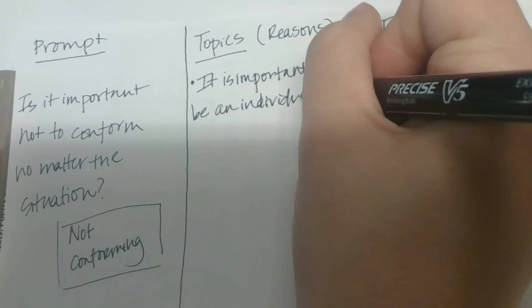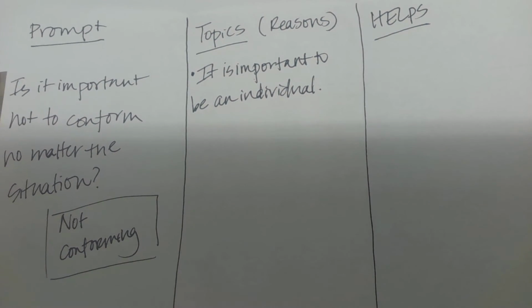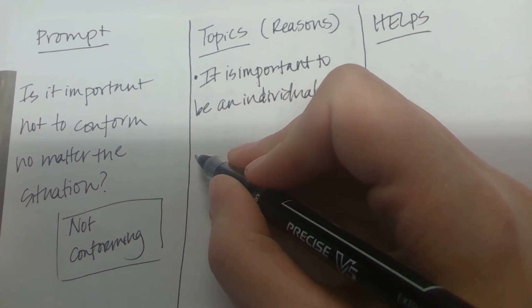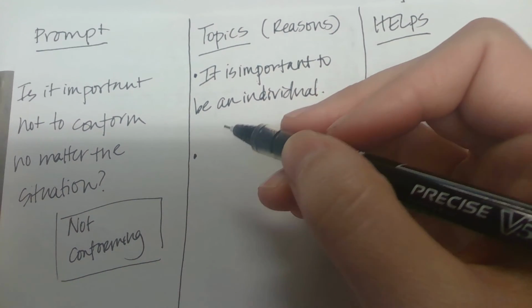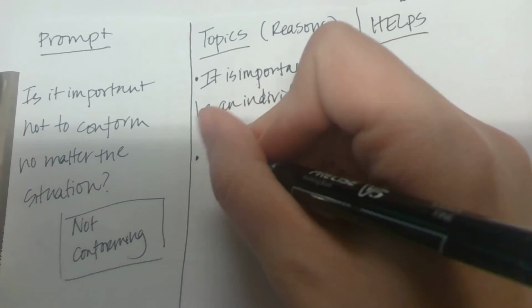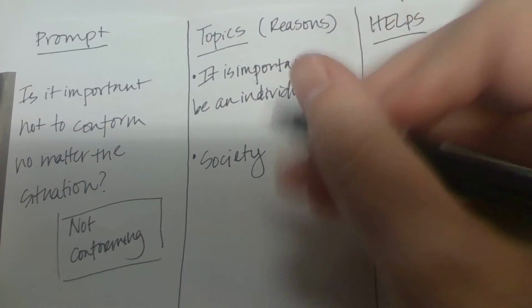Even though most people would want to kind of fit in, that won't really bring you a lot of happiness long term. I'm also thinking about how sometimes society gets it wrong, and you should follow your own moral compass, your own path.